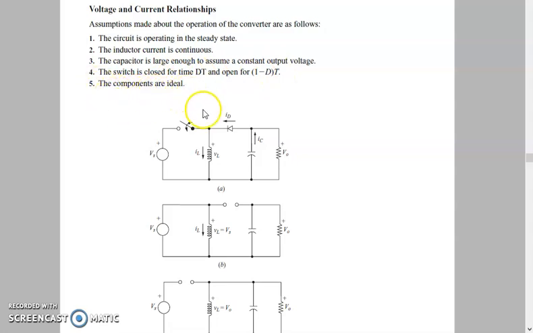All other components are ideal. The inductors are ideal, the voltage drop is not considered here, and the ESR is not considered as contributing to losses. So that's the initial assumption made on the buck-boost converter for this part.